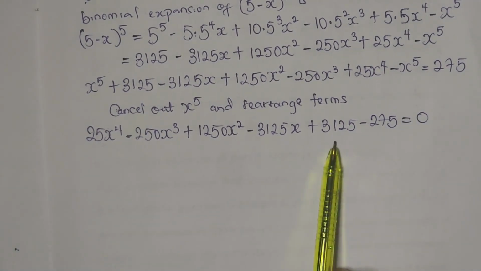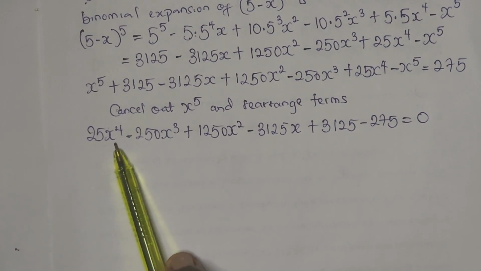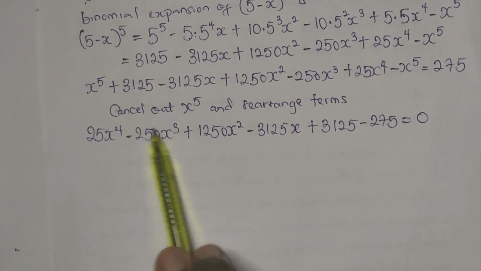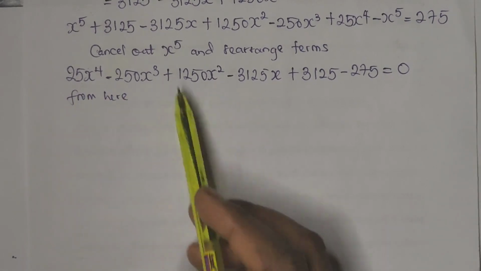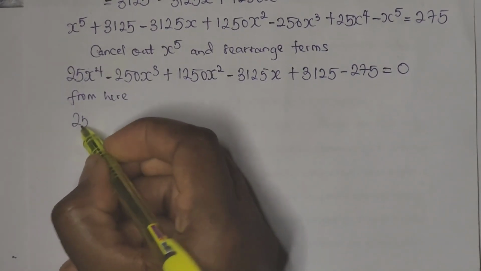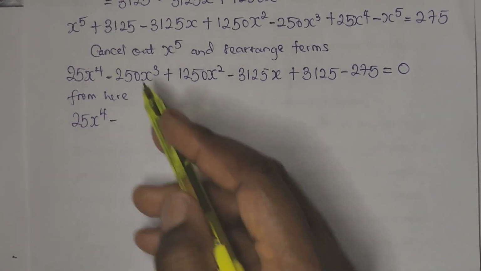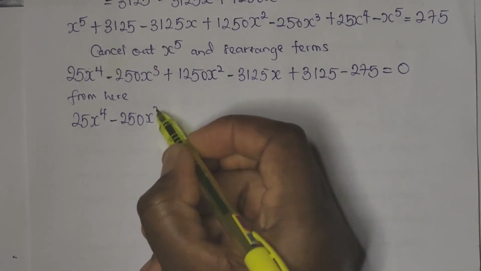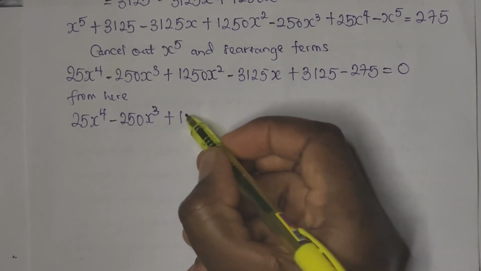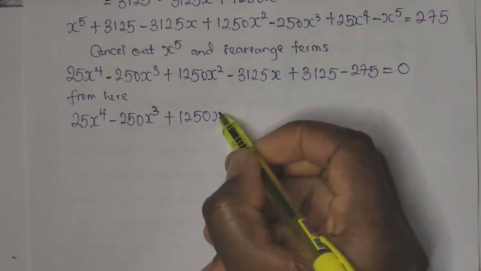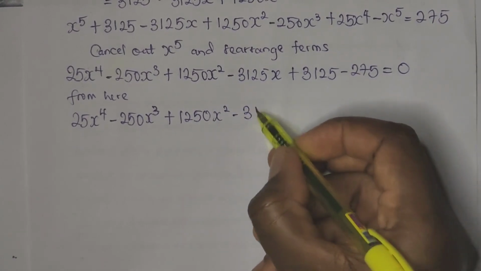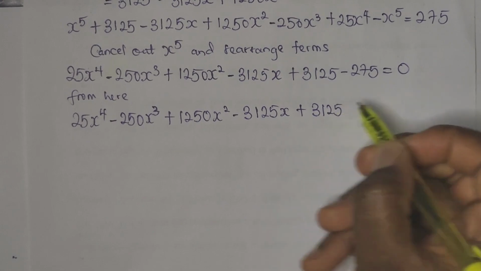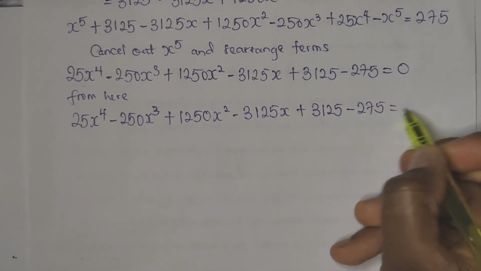From this equation, we have our highest power of x as 4. So we can be splitting these figures. So from here, we have 25x to the power of 4 minus 250x cubed plus 1250x squared minus 3125x plus 3125 minus 275, all equal to 0.